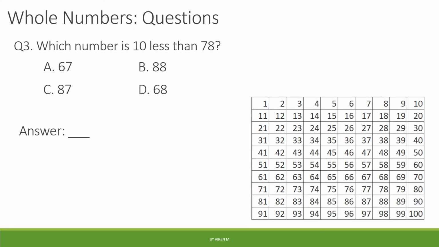Okay, now let's see the chart and see where the number 78 is. Number 78 is at the bottom, which is highlighted, and 10 less is 68. So the option is D, and that is our answer.